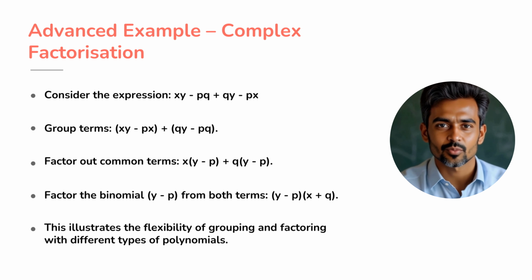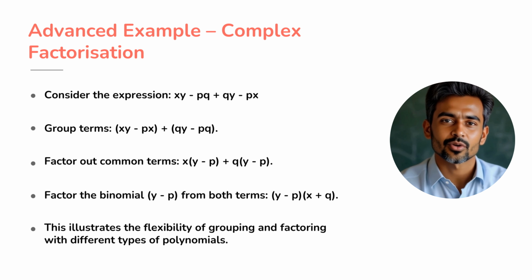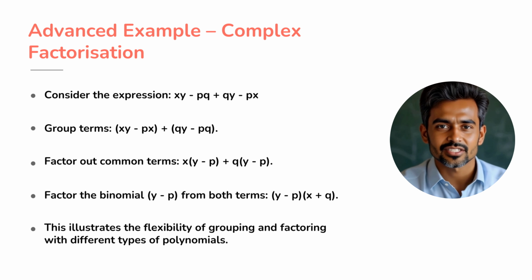Let's tackle a slightly more complex example. Consider the expression xy minus pq plus qy minus px. We start by grouping the terms (xy minus px) and (qy minus pq). Now let's factor each group. In the first group, xy minus px, we factor out x, giving us x times (y minus p).